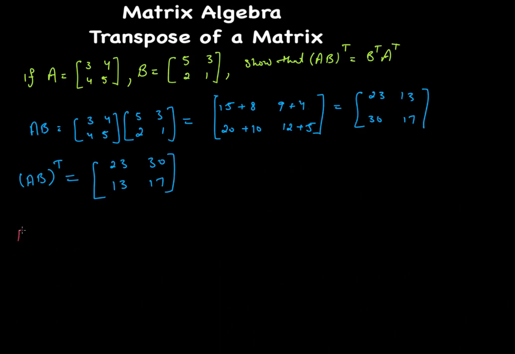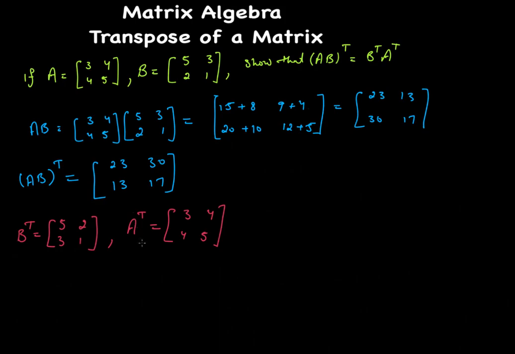So B transpose is 5 and 2, then 3 and 1. Then find the transpose of A, which is 3, 4, 4, and 5.